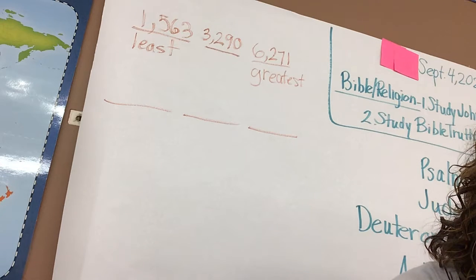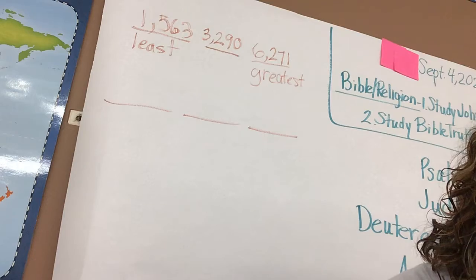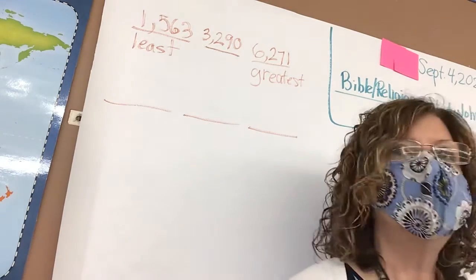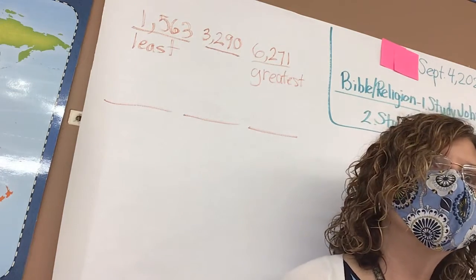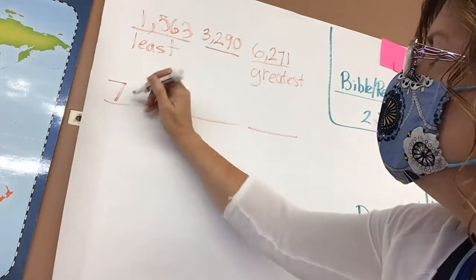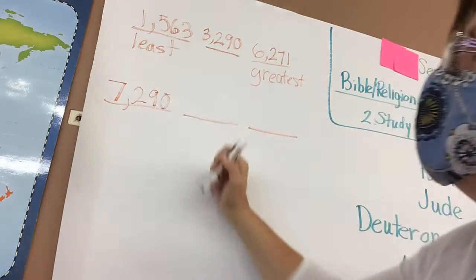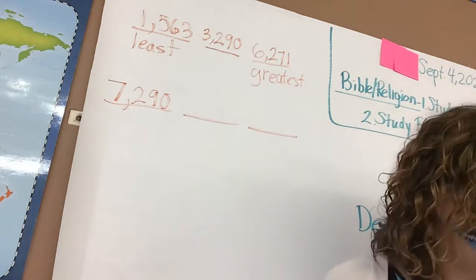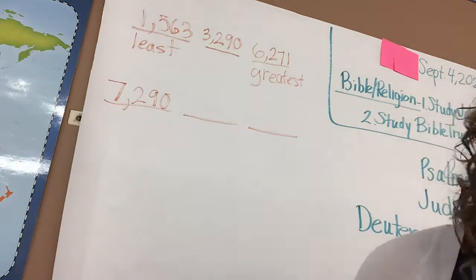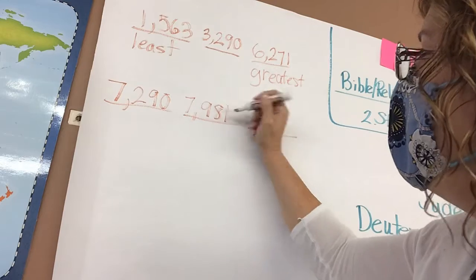So the one is 7,200 something, the other one is 7,900 something. So which one is the least? Yeah. So you're going to write 7,290 first. Then for the middle one, you'll write the other 7,000 one, which was 7,981.